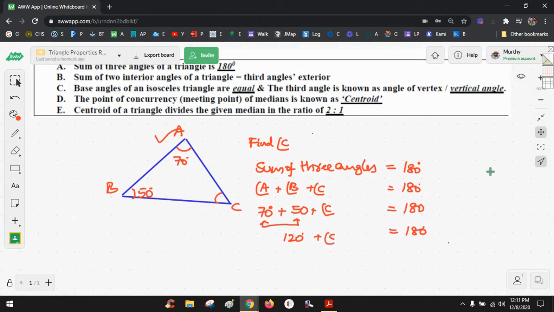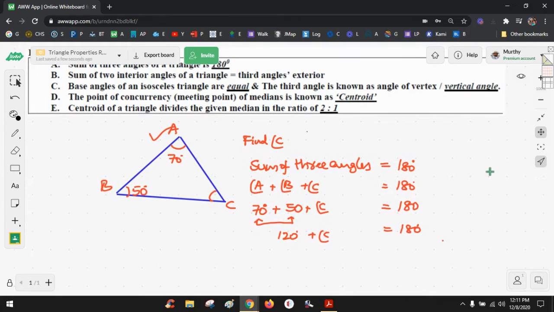Here we use simple algebra in order to get the value of C. What we do is we go for inverse operation. I see positive 120, therefore I take the inverse operation, that is subtract 120 on both sides. You get 180 subtract 120, which is 60 degrees. That's it.